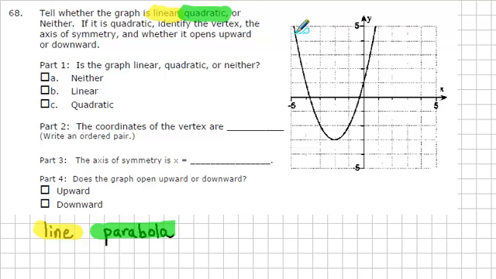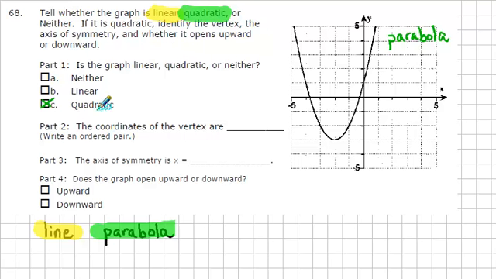A parabola is a U-shaped graph like the one that we see here. And since the graph is a parabola, that means that the graph is quadratic. So for part 1, the correct answer is C, quadratic.